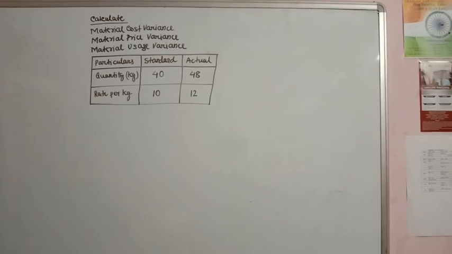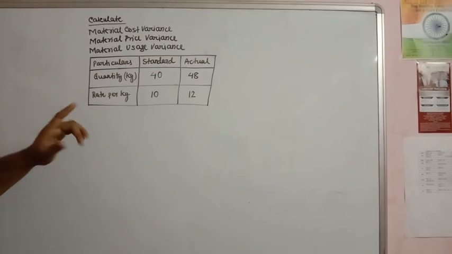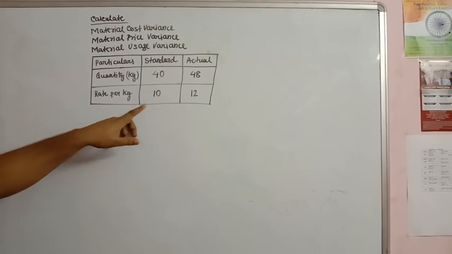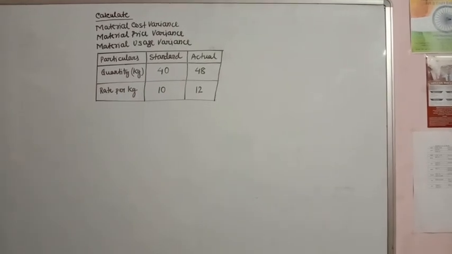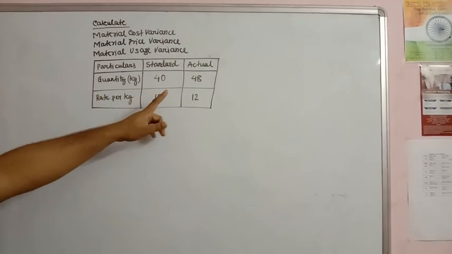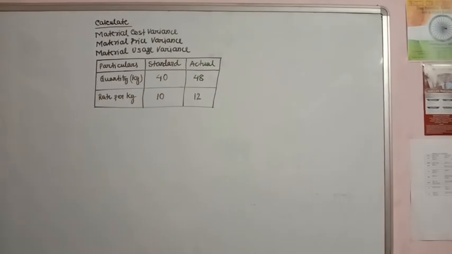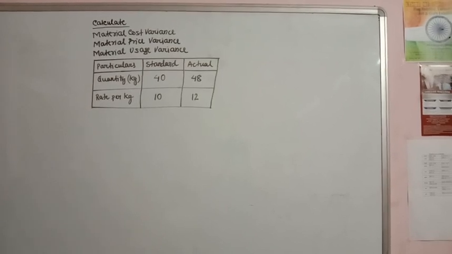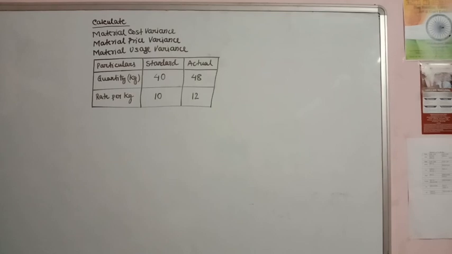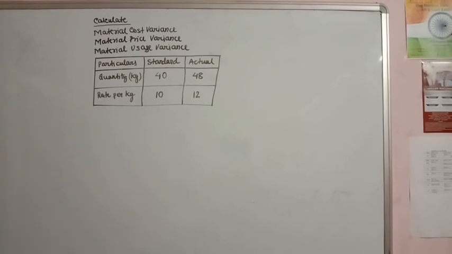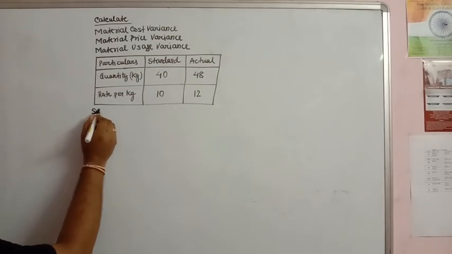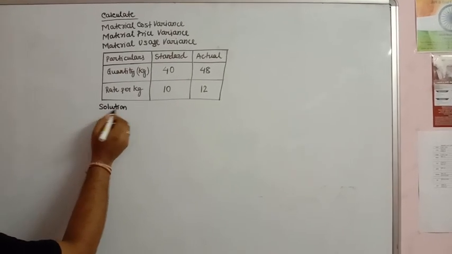The question provides the standard quantity, the actual quantity, the standard rate, and the actual rate per kg. The standard quantity is 40 kg, the actual quantity is 48 kg, the standard rate is rupees 10 per kg, and the actual rate is rupees 12 per kg.